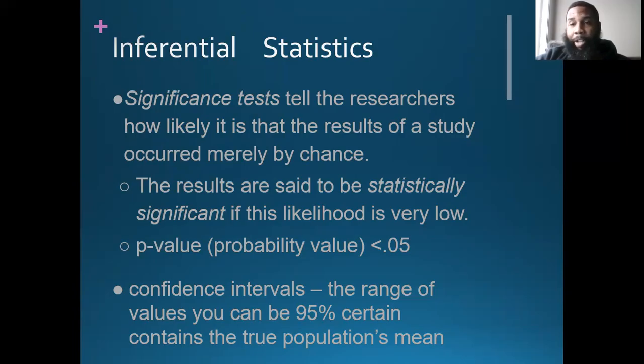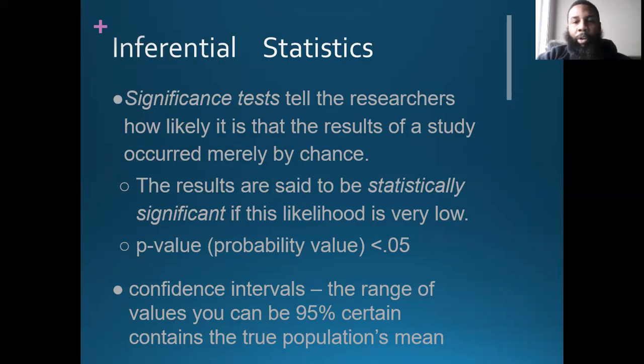There's a 95% chance that my findings occurred due to the manipulations that took place in our study. Right? Your results are statistically significant if the likelihood that they occurred purely by chance is less than 5%. Sometimes you might want to be stringent and it might be less than 1%, okay?